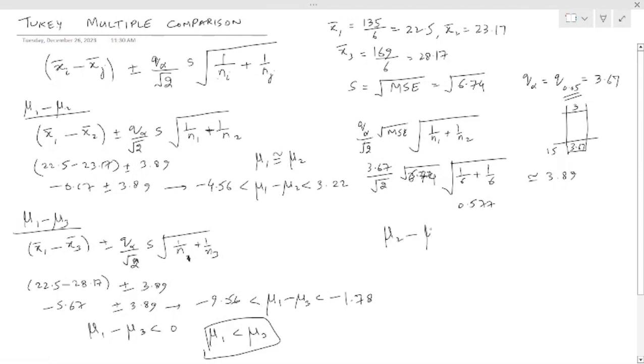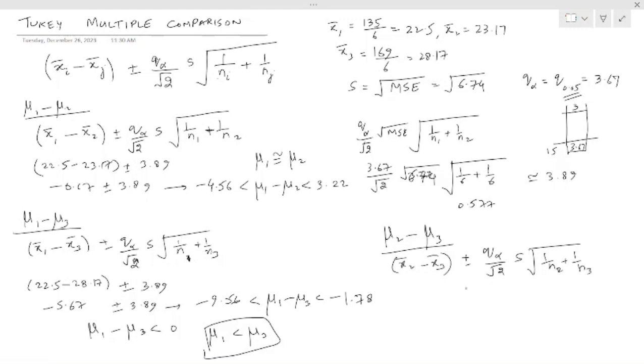Now when we go for the comparison of mu2 and mu3, the formula should be x2 bar take away x3 bar and plus minus the same factor q alpha divided by root 2 times standard deviation times square root of 1 upon n2 plus 1 upon n3.